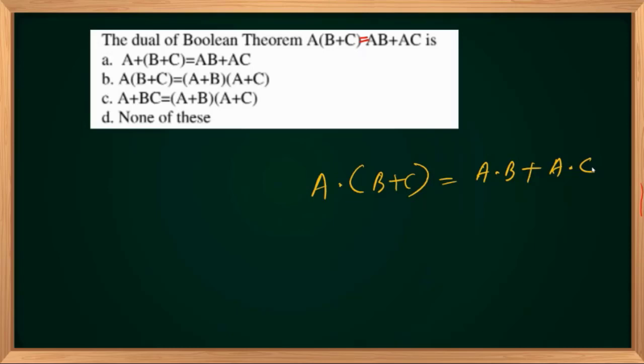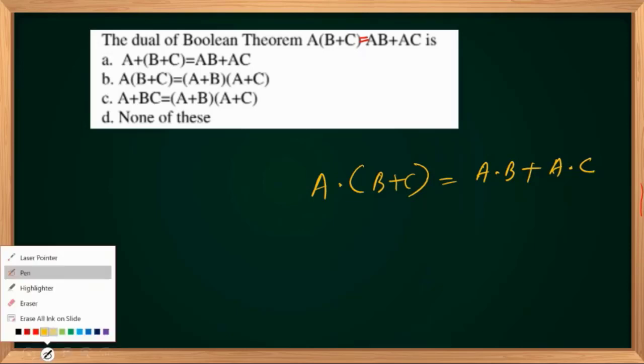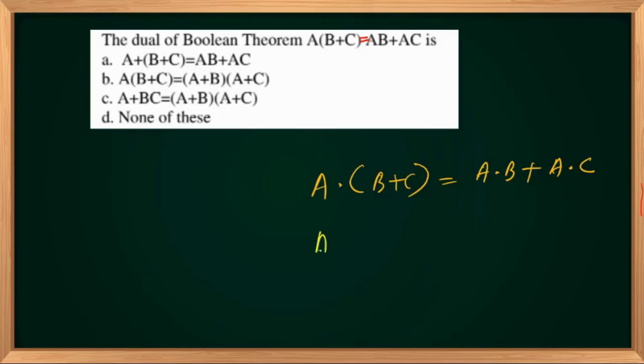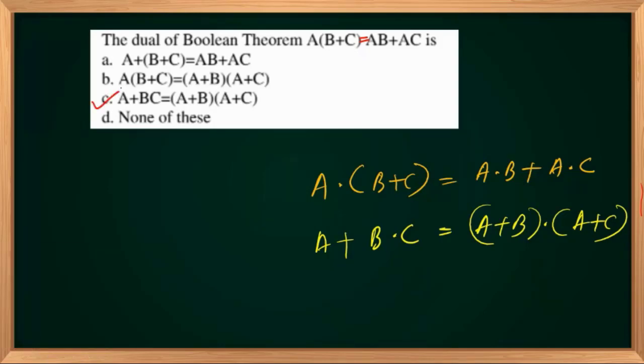What is the dual form? How to take the dual, that we have discussed so many times? A or with the B dot C equal to A or B dot with the A or C. And that is my option C. Correct. Option C. Right? It's a straight direct question. Hardly it will take 2 seconds to answer. Right? Okay.